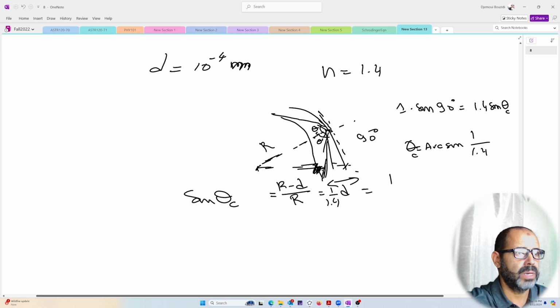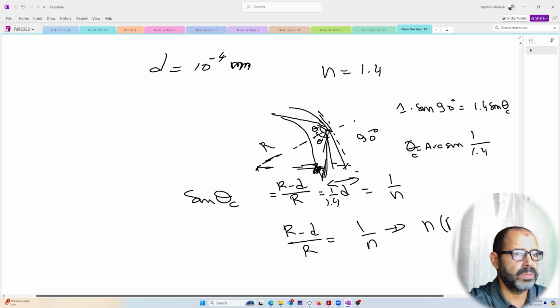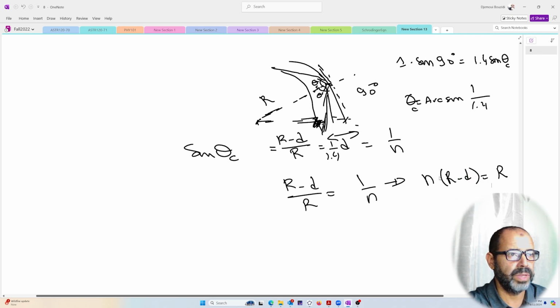Let me write it symbolically. r minus d over r is equal to 1 over n. Multiplying both sides by n and r, it's going to be n times r minus d is equal to r. From here, we move the negative nd to the other side and the r to the other side.